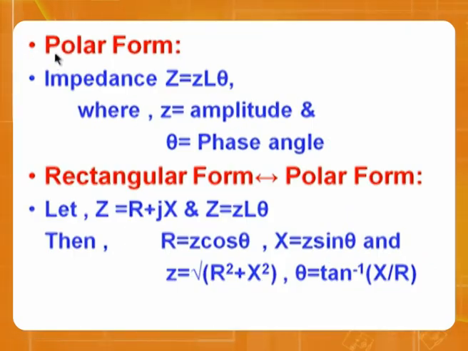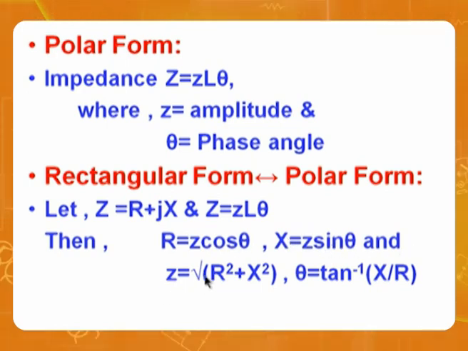Then coming to polar form, an impedance is Z angle theta, where small z is an amplitude, theta is a phase angle. In the rectangular form, we can convert into polar form. Take your Z is equal to R plus jX, Z is Z angle theta. That means R is equal to Z cos theta, X is Z sin theta.